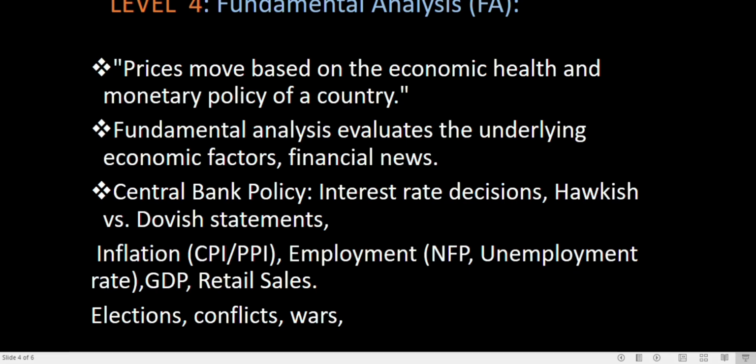It's on the negative part. So when you're trading such a currency and you match it with other countries where there is no war or conflict, the other currency will do better than them. So this is what fundamental analysis is all about.